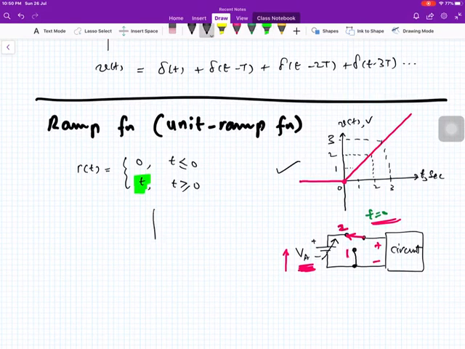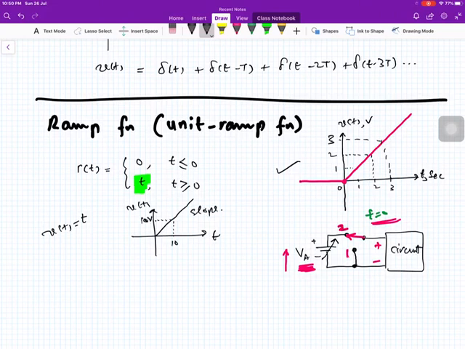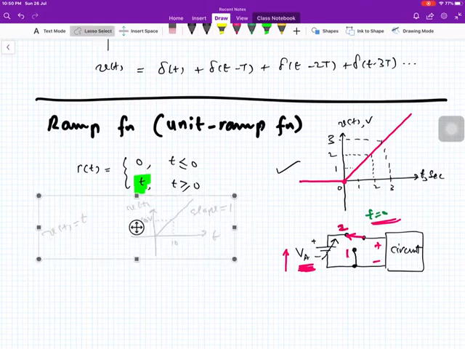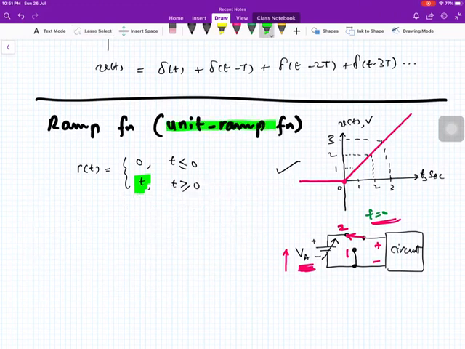So if we draw a voltage which is equal to t, it will be like this. Say for 10 seconds this will be 10 volts. So its slope is unity, and if the slope is unity, it is known as unit ramp signal.